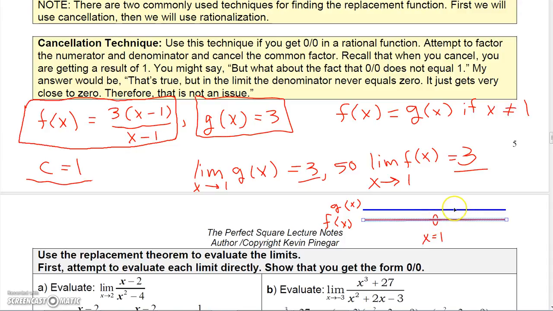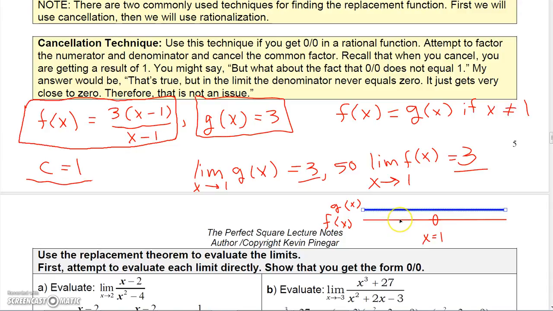But if you graphed the g of x function, g of x equals 3, it would be identical to this function everywhere except at 1, because it doesn't have the hole at 1. So as you approach 1 from either side, it would be the same as what you'd get from the other function. Basically, the two functions are identical except at x equals 1.